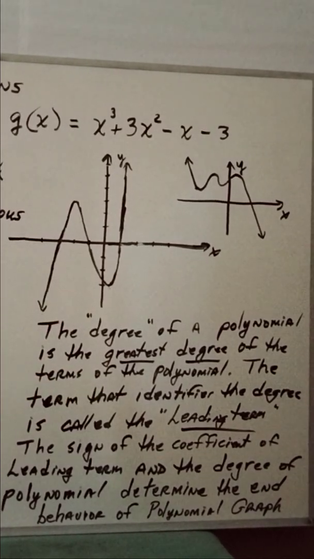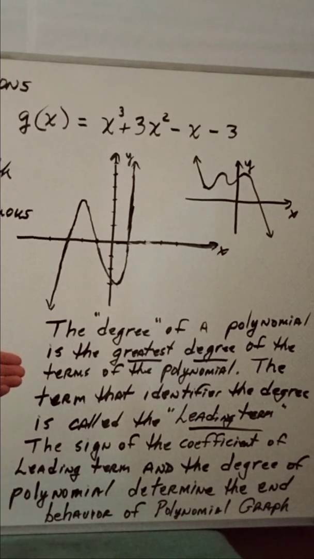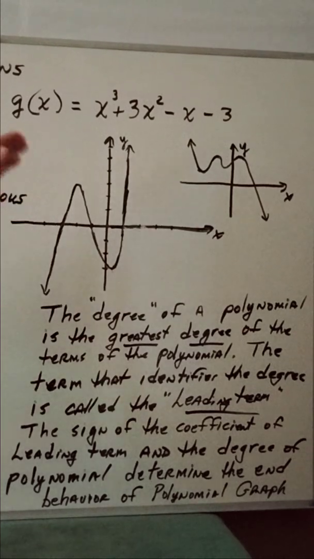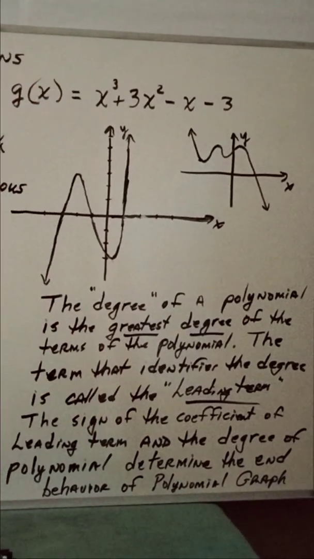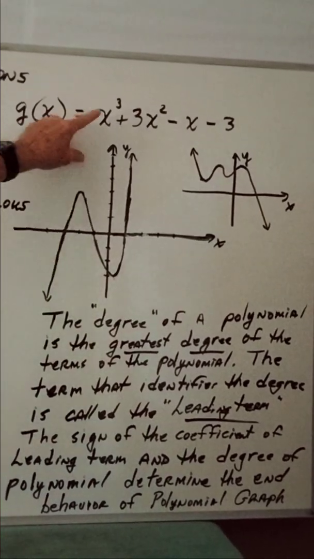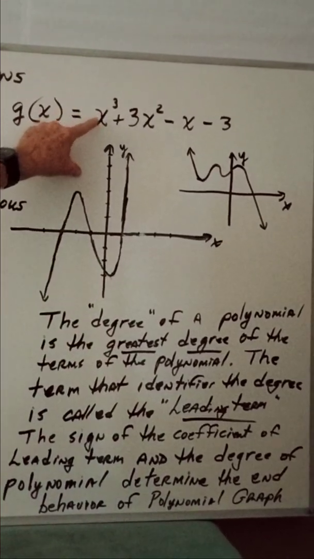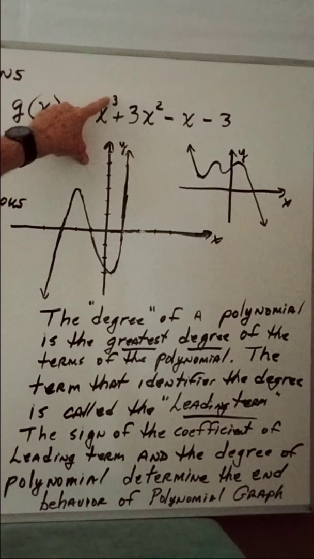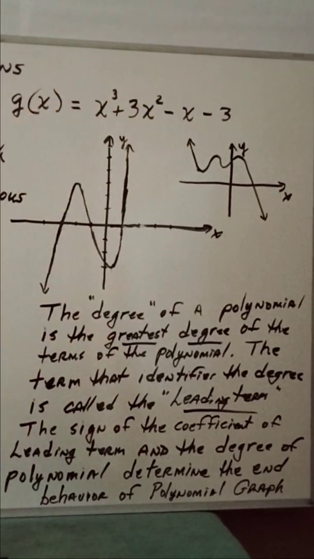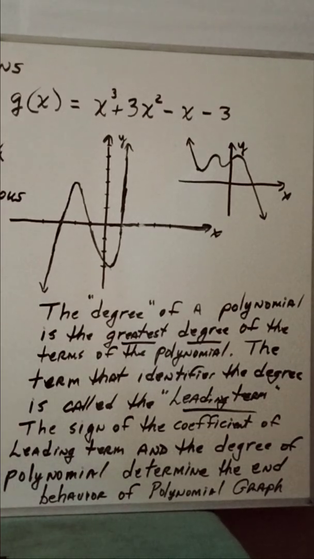Oftentimes, the leading term is the term right out of the gate. It's ordinarily the very first term of the expression. It doesn't have to be, but it ordinarily is. So x to the third, because it's the term that defines the degree of the polynomial, is called the leading term.